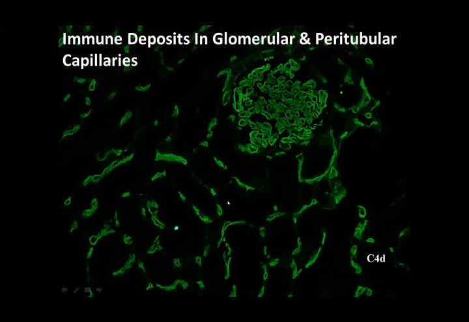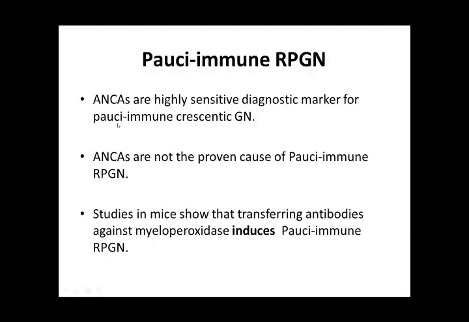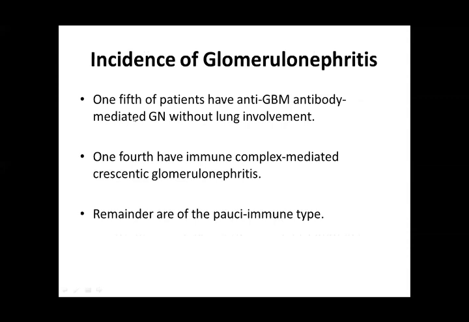So you can see the condition of the capillaries. Which kind of ANCA is this? It looks like C-ANCA, right? ANCAs are highly sensitive diagnostic markers because they induce the disease when they are separated and put into another organism.